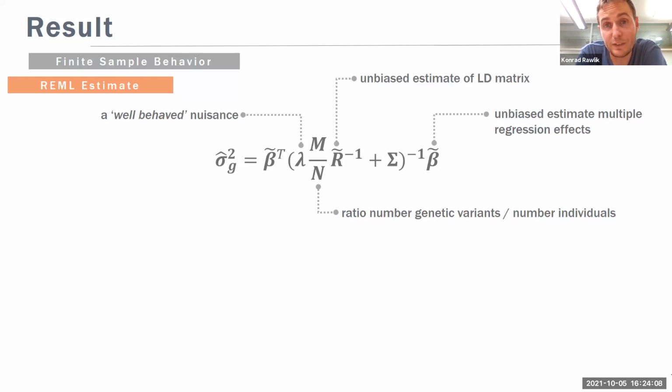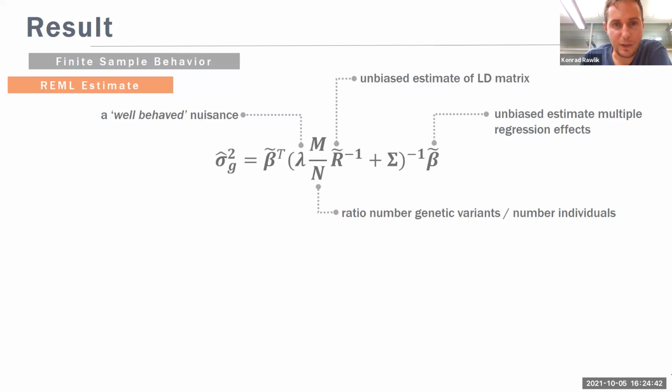You've got this r tilde, which is the unbiased estimate of the LD matrix. You've got this m over n term, which is the ratio of the number of genetic variants in your model and the number of individuals. And you've got this lambda, which means that this is not a closed form solution to the REML problem, but it's well behaved and it's just a bit of a nuisance, and it doesn't stop us from interpreting this overall expression.